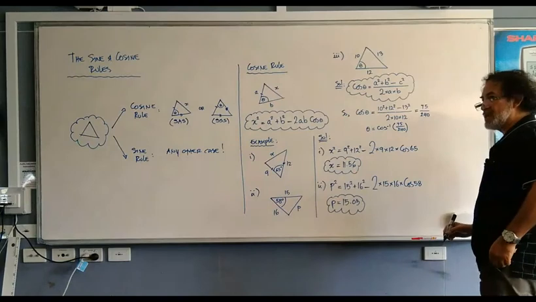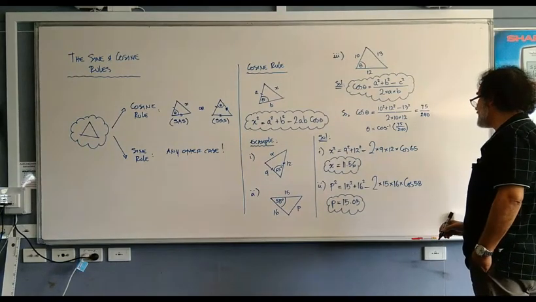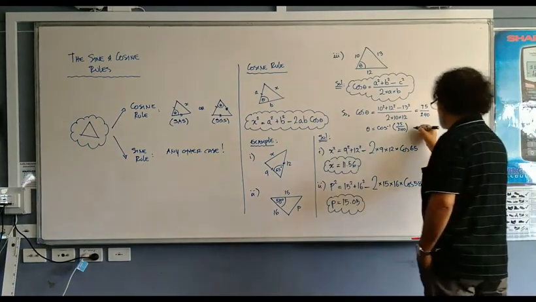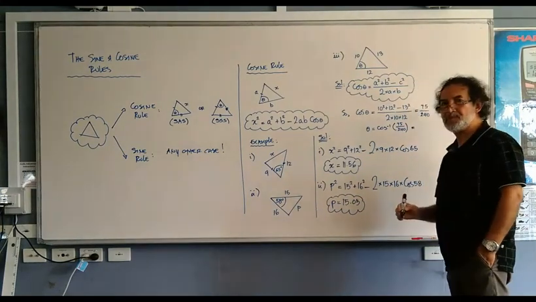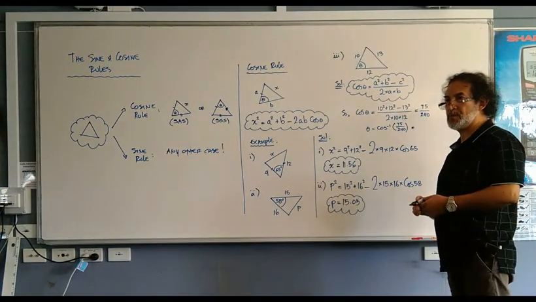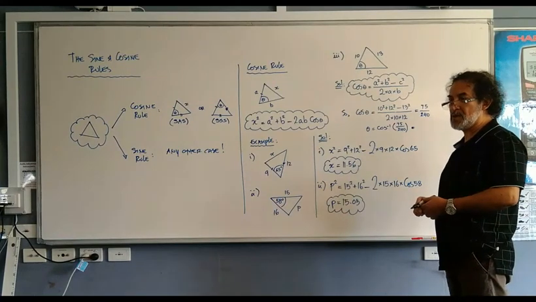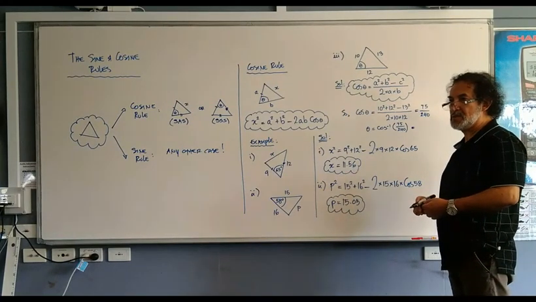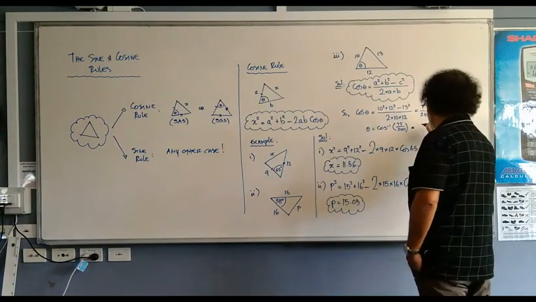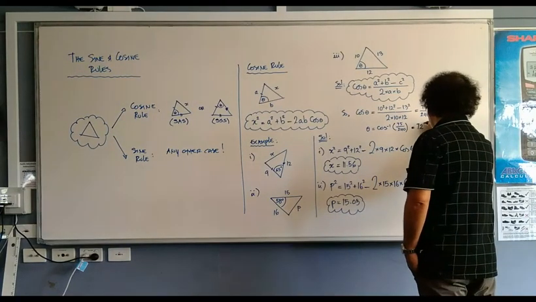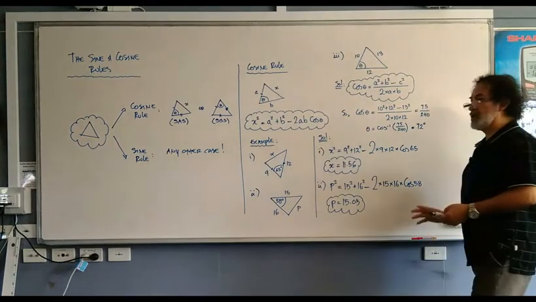And I want you to give me the answer correct to the nearest degree. Yeah, the nearest, 72 degrees. Yep. All right. Someone check that because I don't hear it myself. Yes. 72 degrees.